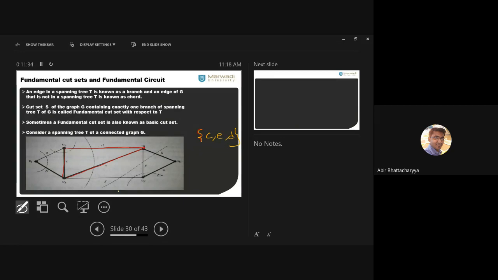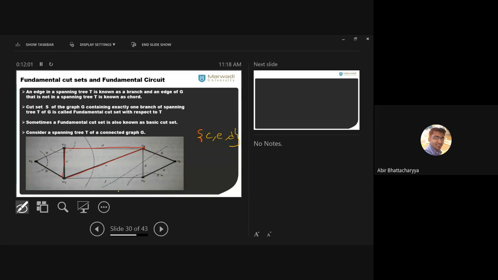So always remember, in a fundamental circuit, how many chords must we have? Only a single chord, not more than one. Branches can be 1, 2, 3, 4. One branch is not possible. To have a circuit, minimum how many branches are required? 2 branches, 1 chord. It's a triangle.